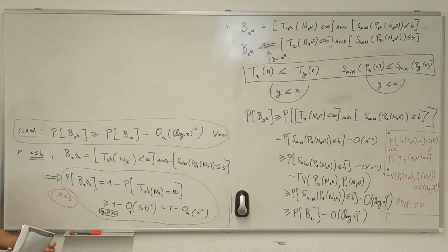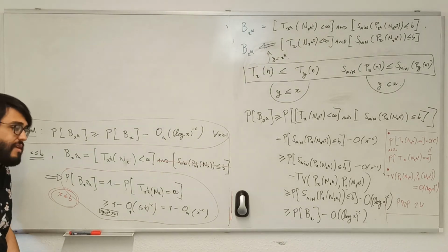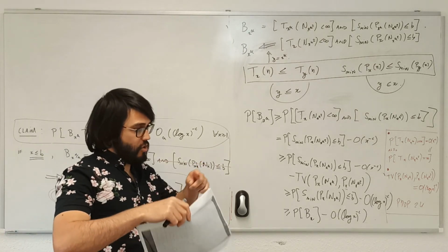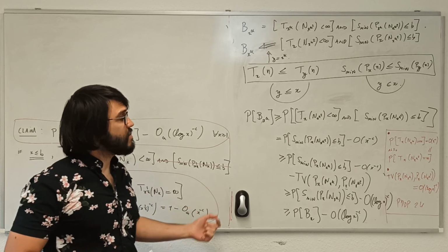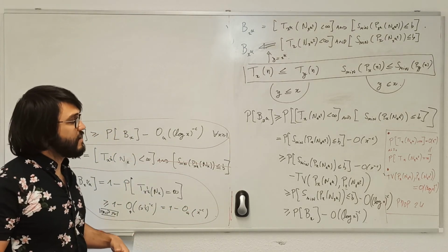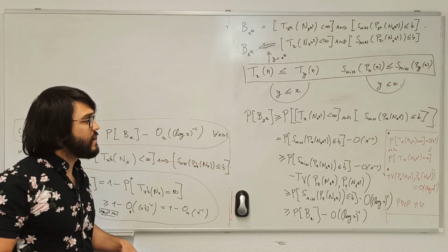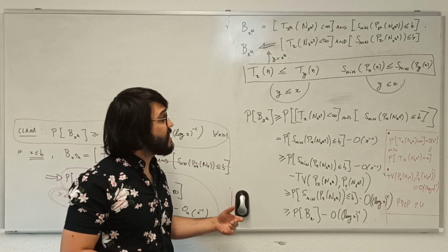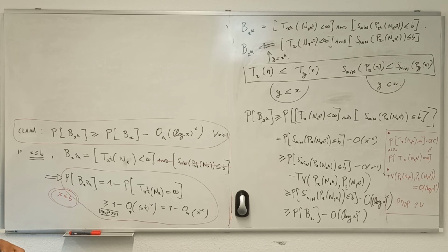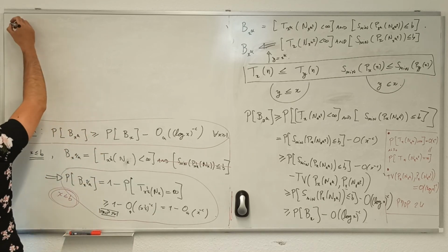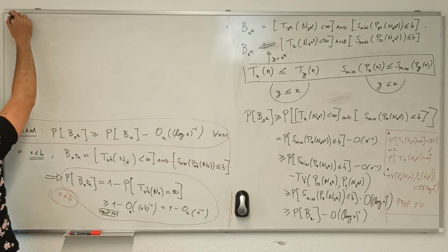So we started with the probability of S min of nx tilde being less or equal than b, and I reduced that to removing the tilde. Now I want to prove that. Let me just recall.